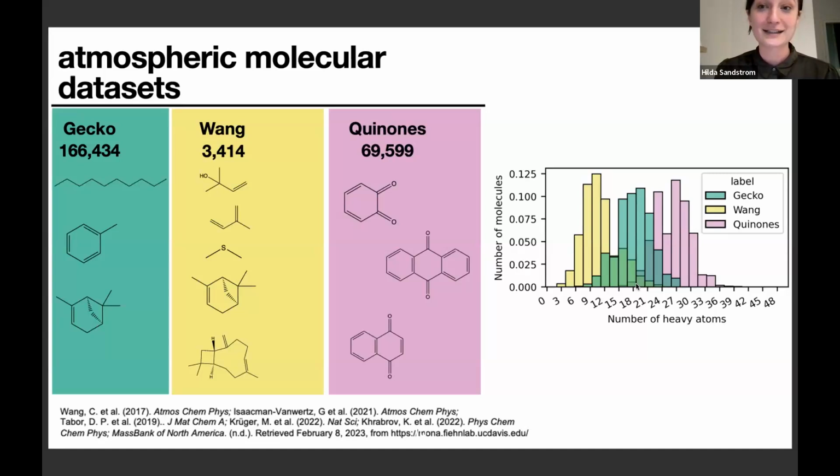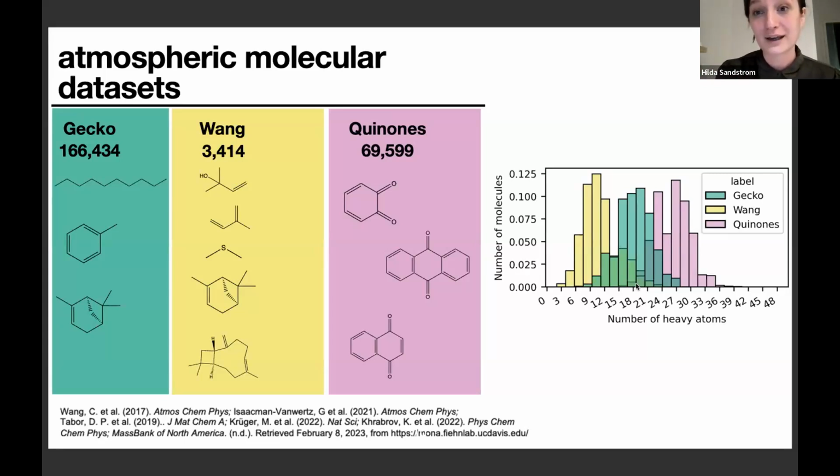The Gecko and Wang datasets were generated by the GECKO-A and the Master Chemical Mechanism algorithms, respectively. So these are codes that simulate atmospheric chemistry. And based on a different set of parent compounds and a certain number of iterations of your algorithm, you end up with a different number of reaction products.